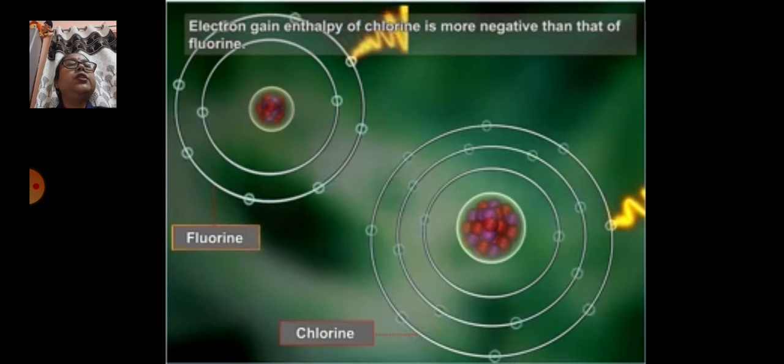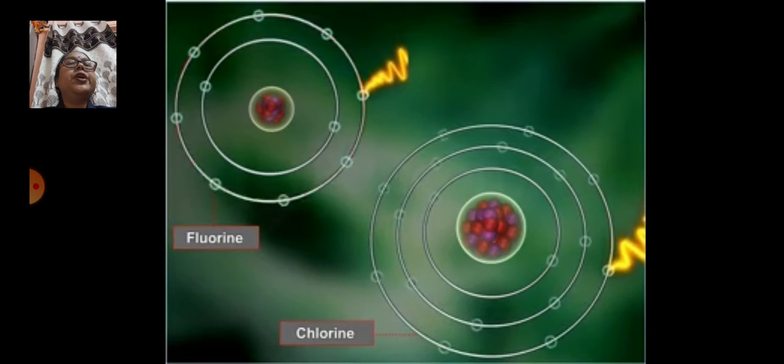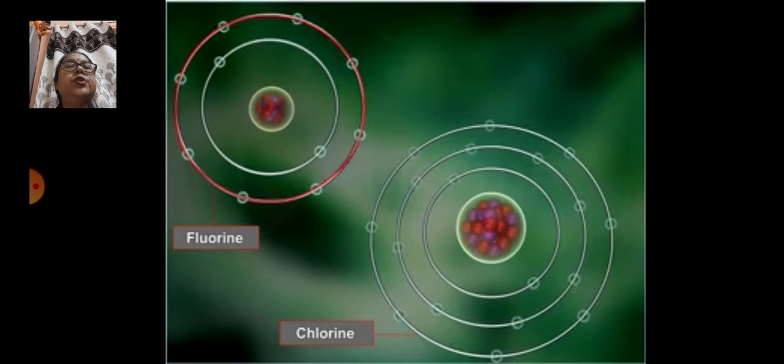The electron gain enthalpy of chlorine is more negative as compared to fluorine.